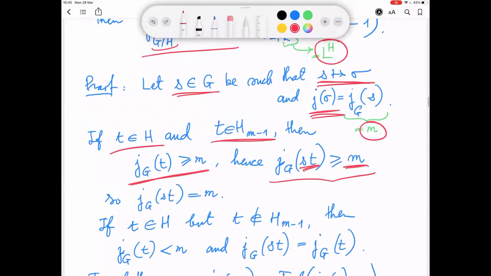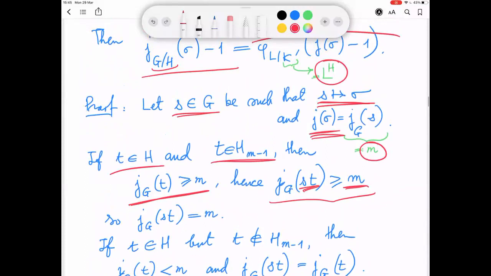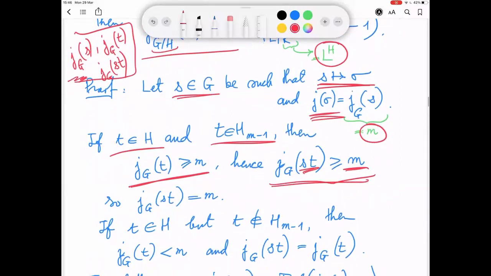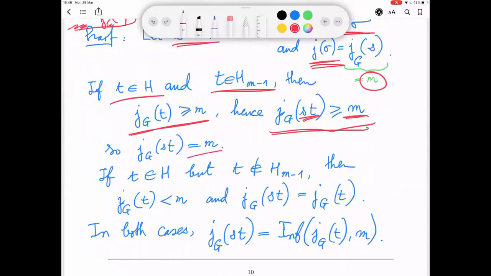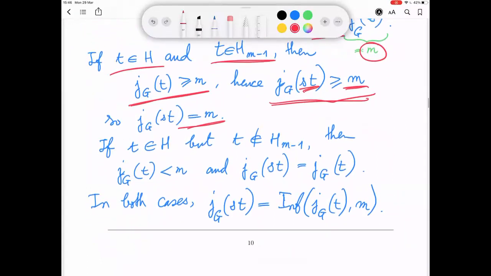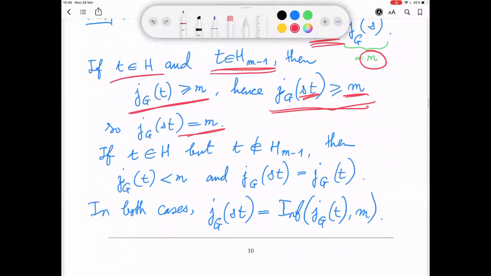I don't recall if we had proved things about Jg, relating Jg of S, Jg of T, and Jg of St. We had proved some statement relating these three things. So it's an application of that statement. So it follows that Jg of St is equal to M. Now that was if T were in Hm minus 1.